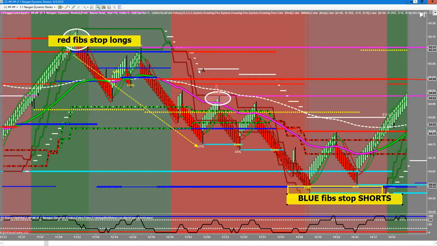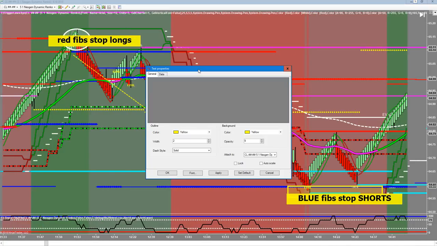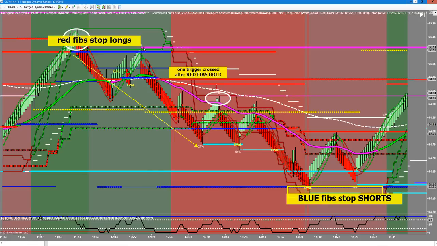One trigger crossed after red fibs hold. It's a conditional trend trade. If the red fibs hold and then the trend changes eventually, you get one short. Everybody agree? That's what we said in our exception.